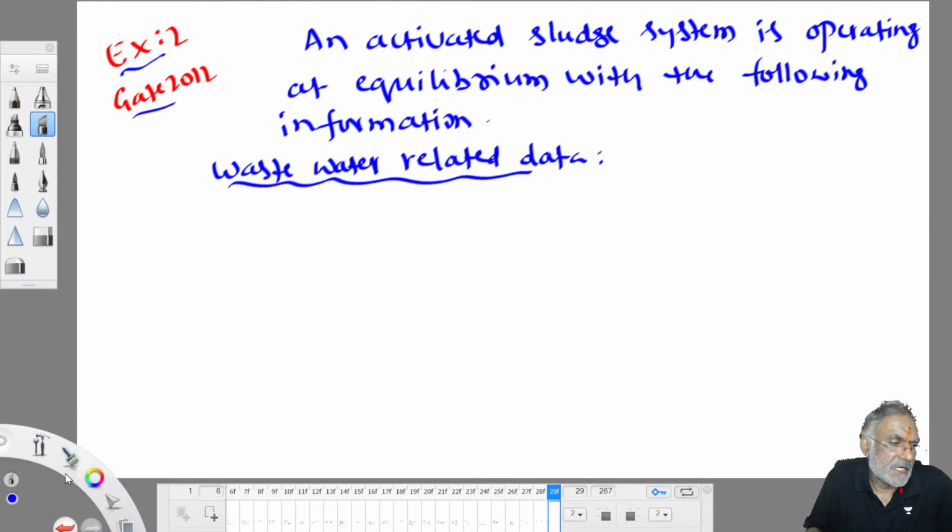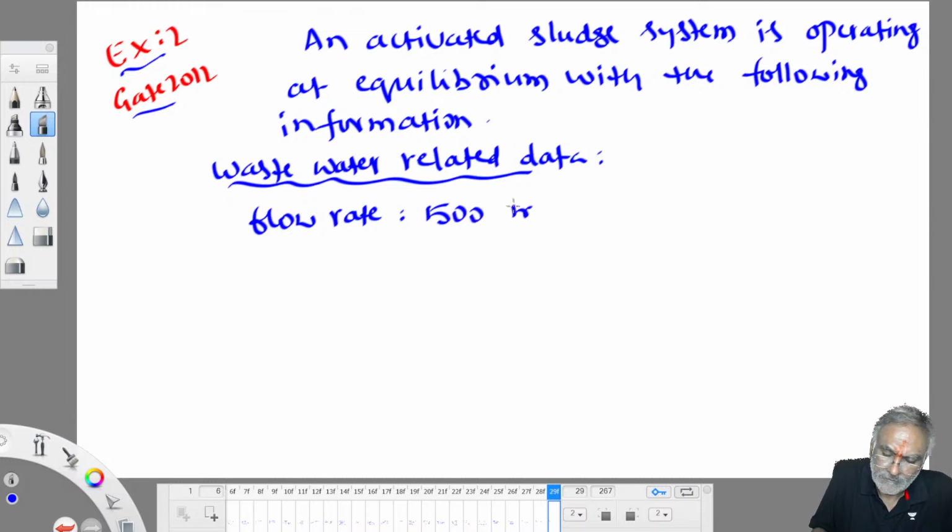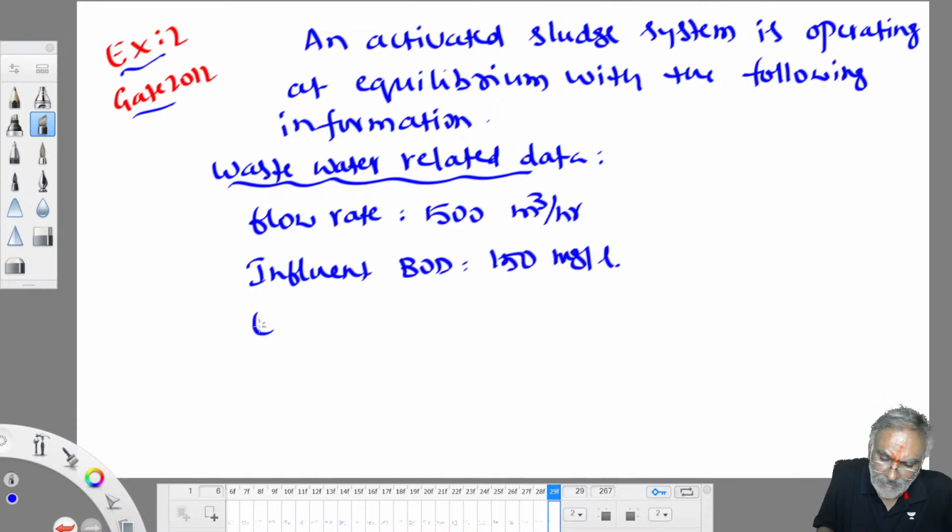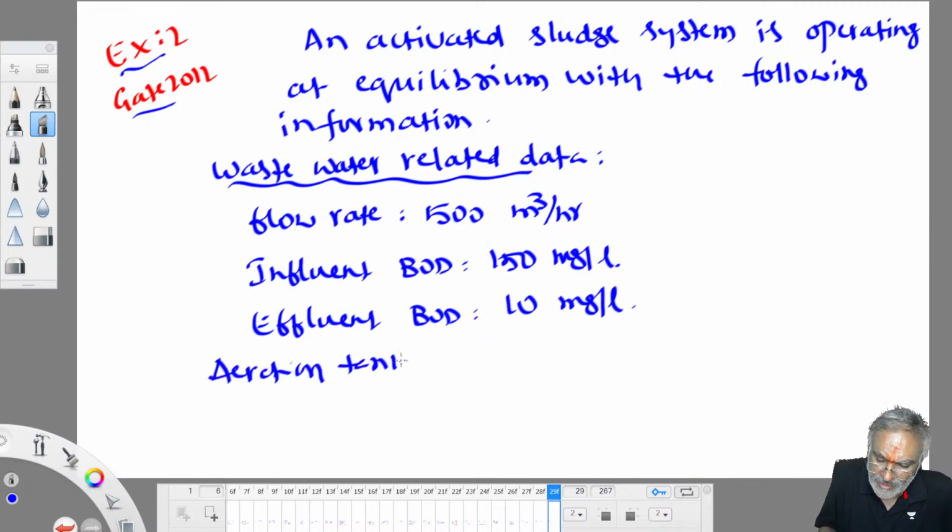Wastewater related data. Flow rate. Influent BOD. Effluent BOD. Then he has given aeration tank related data.